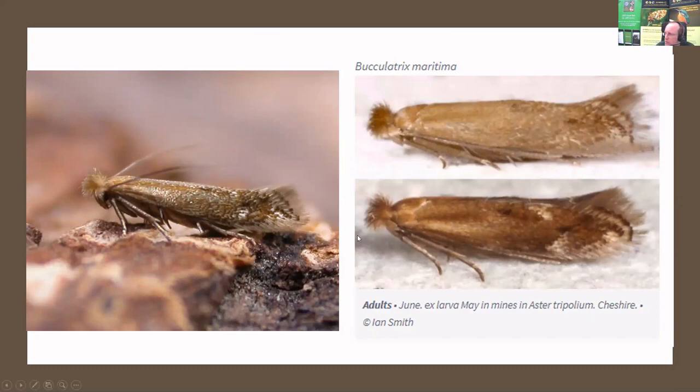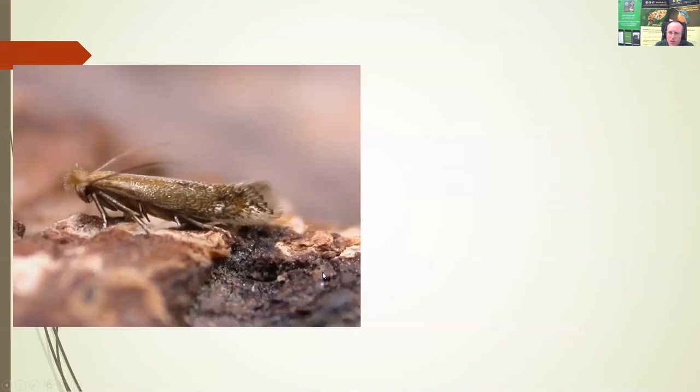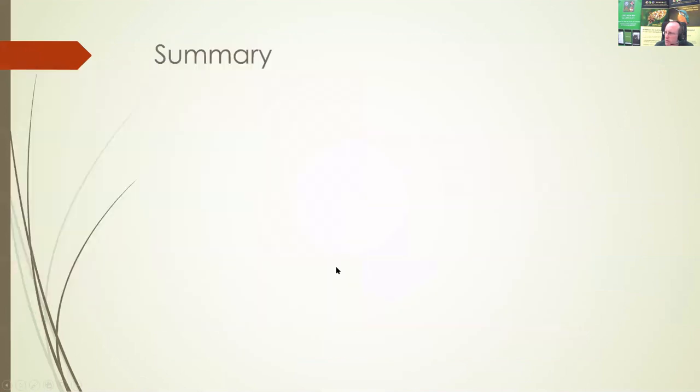So you just have to get to know the groups to recognize, well, it's got a big tufty forehead, it's a long thin thing, swept back antennae, maybe it's one of these other groups, and then you'd have to just work through as many different groups as you can. Not that easy. So, Bucculatrix maritima. And why have I got multiple pictures of that? Right.